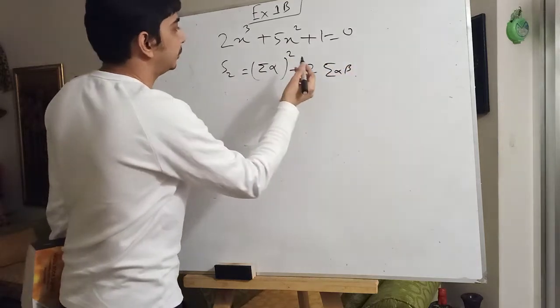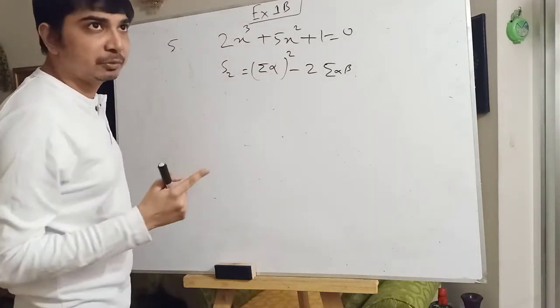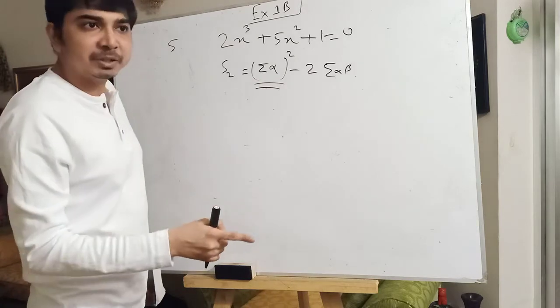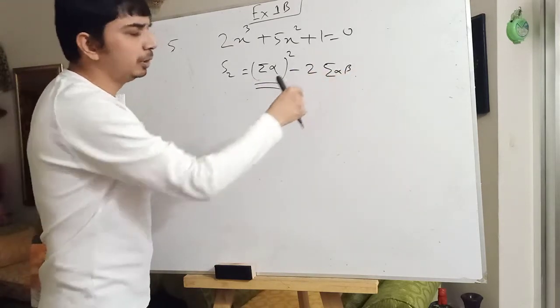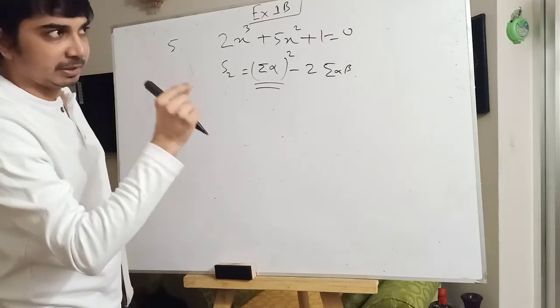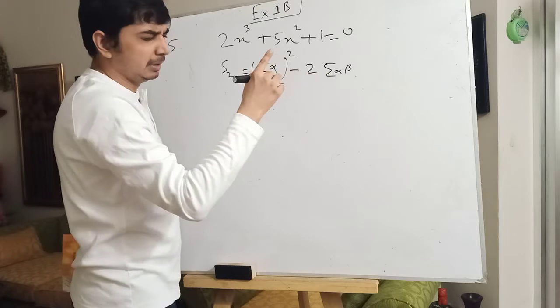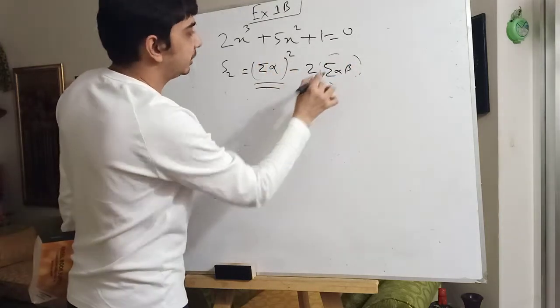You can write it this way also, because alpha square plus beta square plus gamma square is alpha plus beta plus gamma whole square, that is this expression, minus 2 into alpha beta plus beta gamma plus gamma alpha. That alpha beta plus beta gamma plus gamma alpha you can write using this notation.